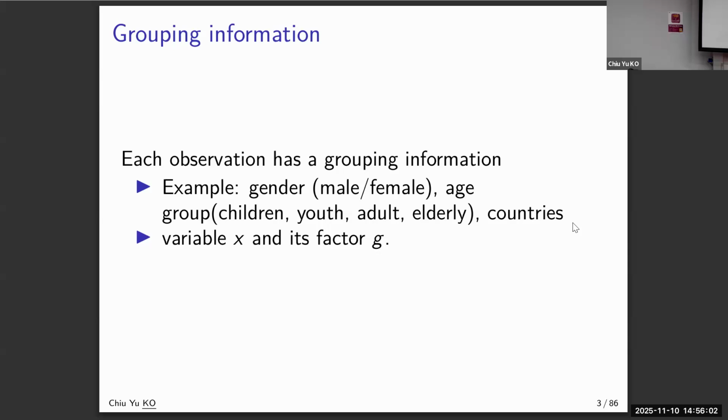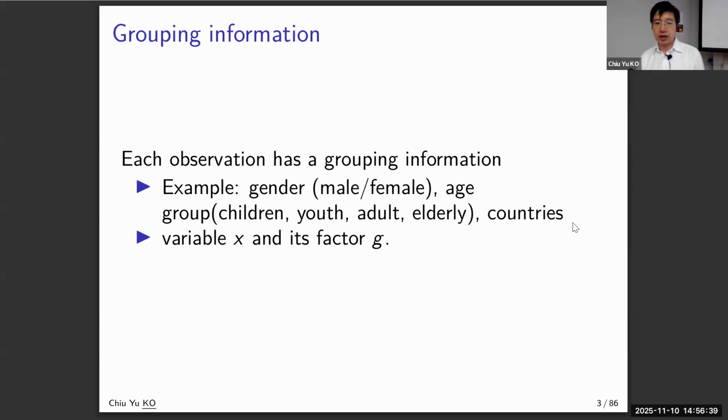You can order by age, saying child is less than youth, less than adults and elderly, but that is only age. But if you talk about where to spend on your product, you can't say in advance which is more than the other. Or gender, male and female: before you do the study, you don't know whether men are going to pay more than women or women more than men.